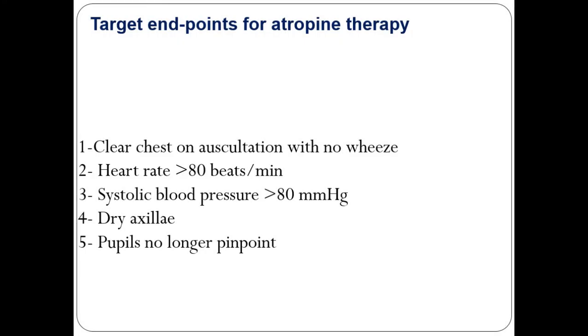The target endpoint for atropine therapy is a clear chest on auscultation, because this is the main target, and a heart rate more than 80, because this means that bradycardia has improved, and systolic blood pressure more than 80, and a dry axilla, meaning sweating has improved, and the pupil no longer pinpoint, improvement of miosis.